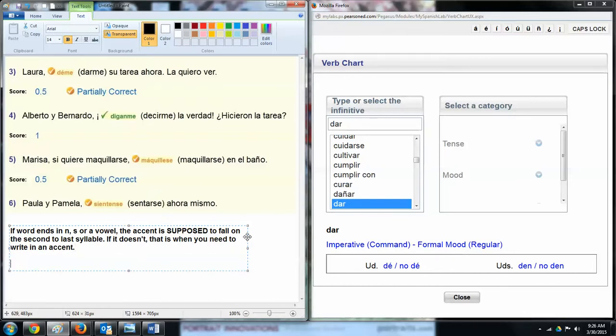Okay? If a word ends in something other than N, S, or a vowel, the accent is supposed to fall on the last.